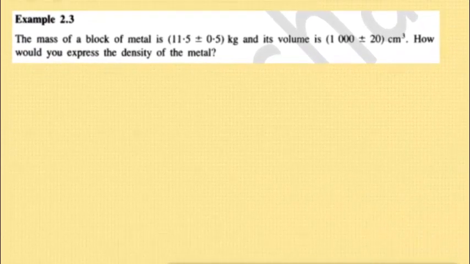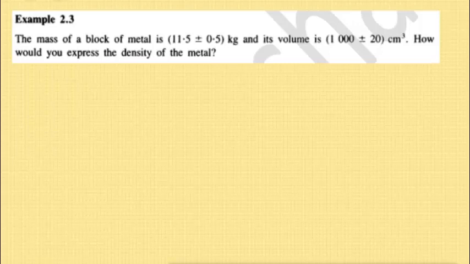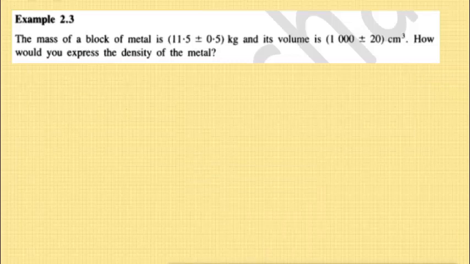That is this. So again, in a question I have been given two measurements. The mass of a block has been measured as 11.5 kilograms with an uncertainty of 0.5. Similarly, the volume of the same block has been measured as 1000 cm cube with an uncertainty of 20 cm cube.